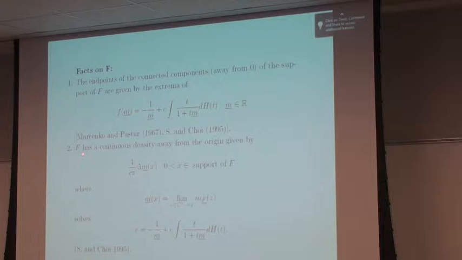We also proved that this guy here is a continuous density away from the origin, given by this function. This is the imaginary part of m underline, divided by c times pi. And for positive x's, we know that the eigenvalue is always going to be non-negative. For x in the support of f, the imaginary part is the limit we've shown: you take the limit as z in the complex plane goes onto the real line, onto any particular x.